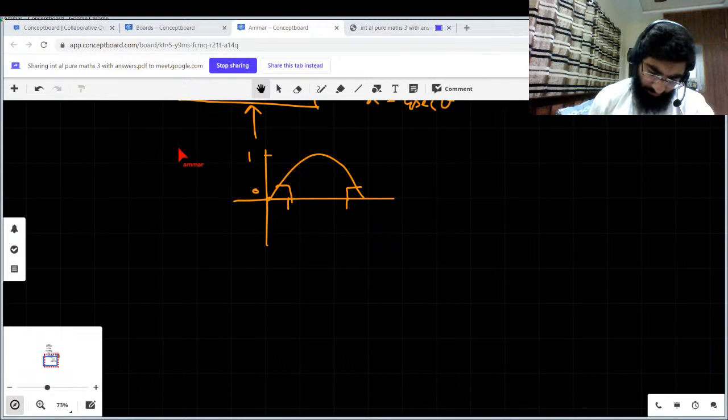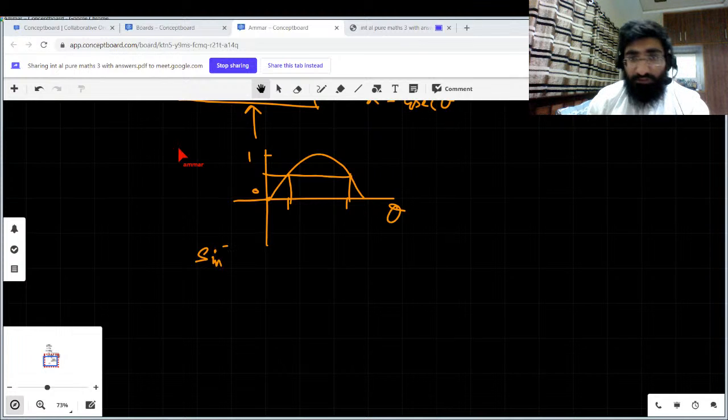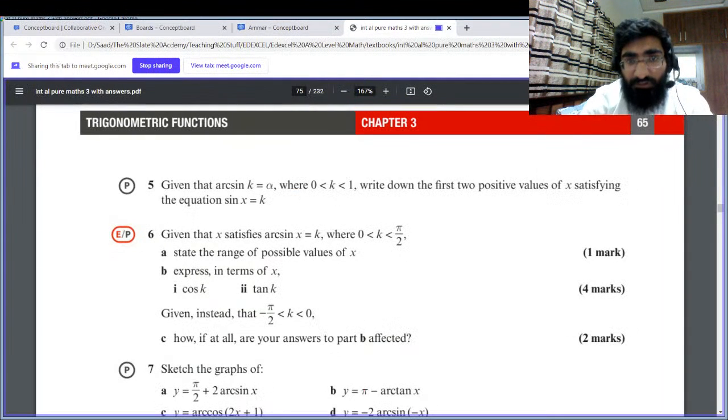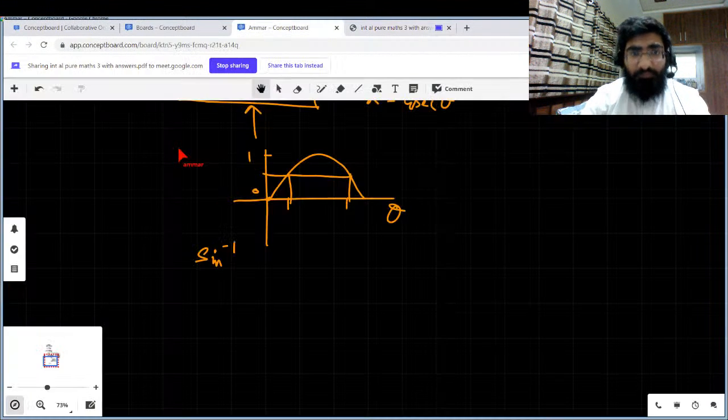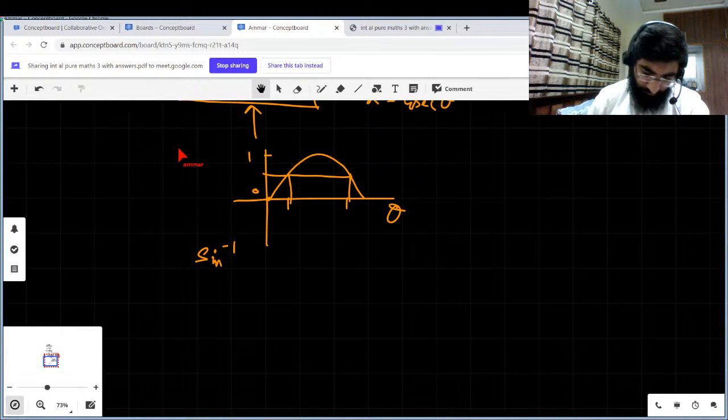If I have to find this particular value, this is what I'm looking for. So these are values of theta on the x-axis, right? This theta is found by sine inverse of k.